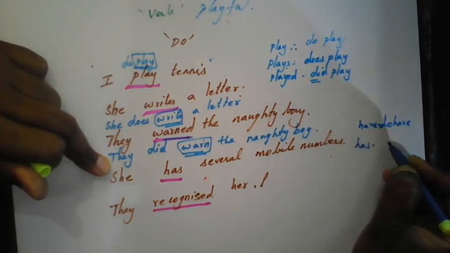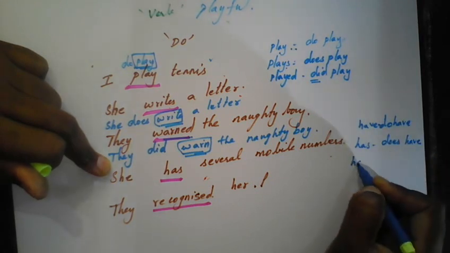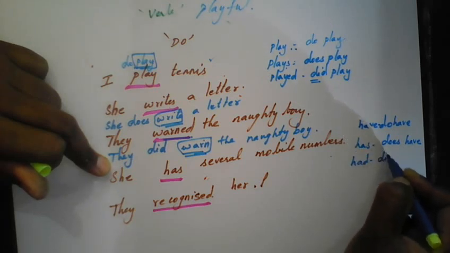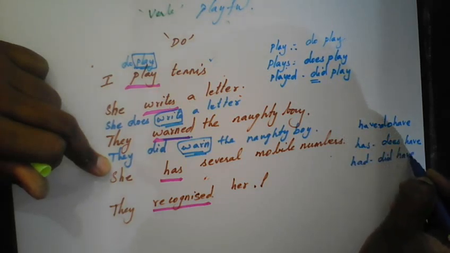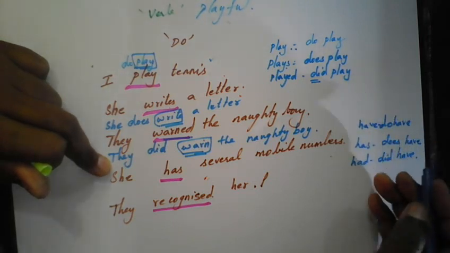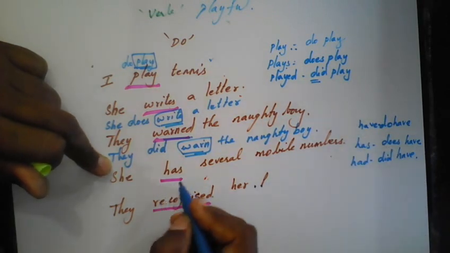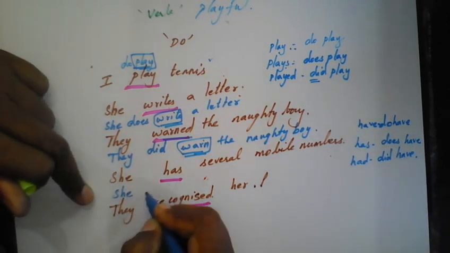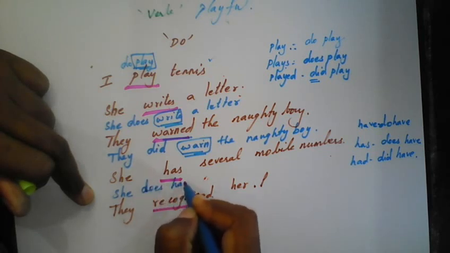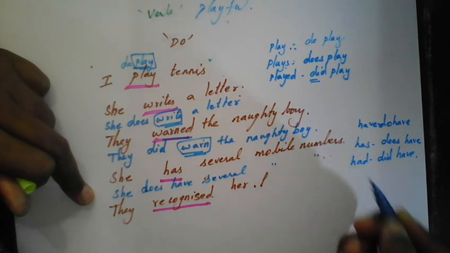Has is equal to does have. Had means did have. Don't forget, have is your bare verb, root verb. When we separate, only the root verb should be written. So how can we write this? She does have several mobile numbers.